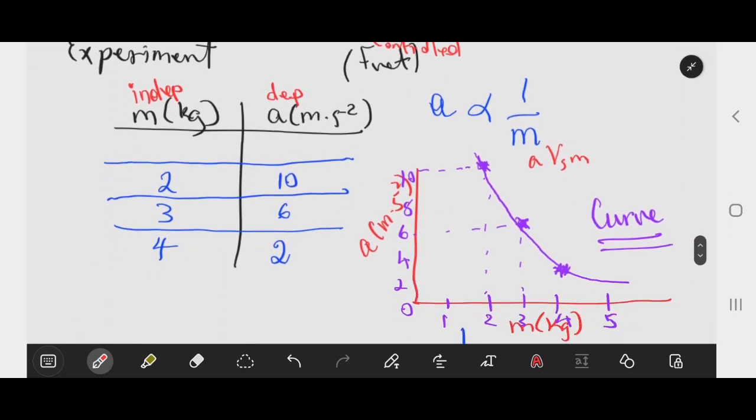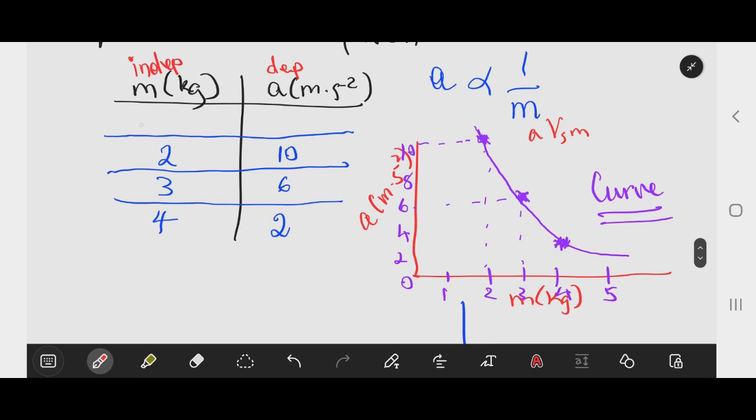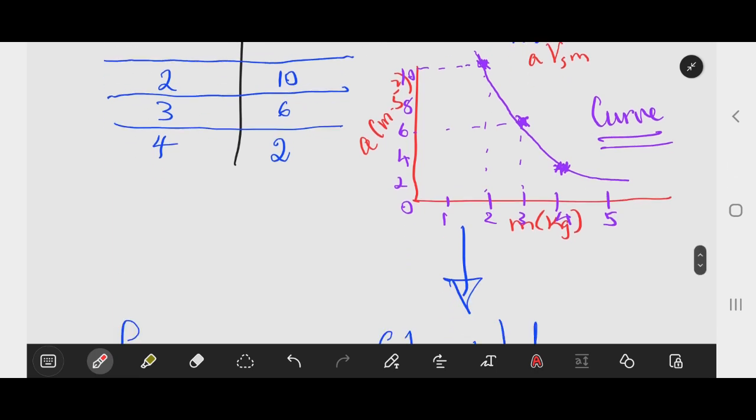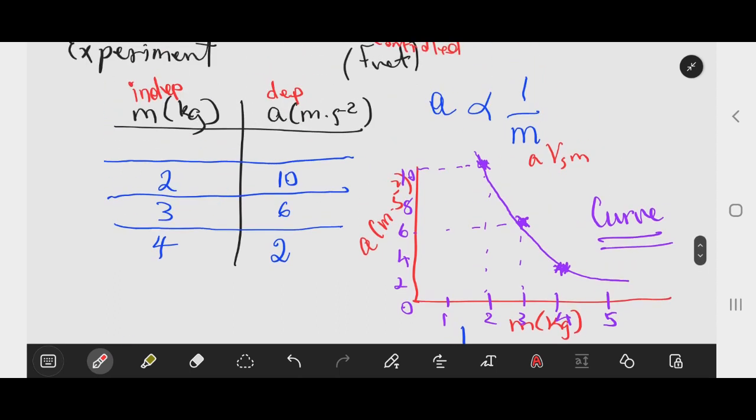So looking at the results that we have obtained in this table, right? We can start by making the mass the inverse. So if we make the mass the inverse, that would be 1 over m, which is 1 over kg, right?